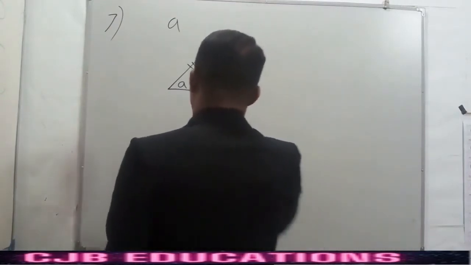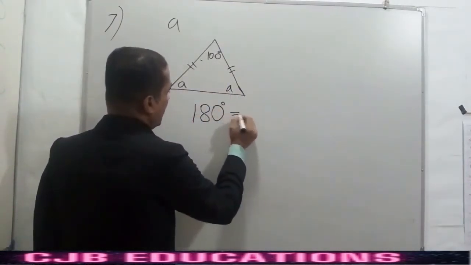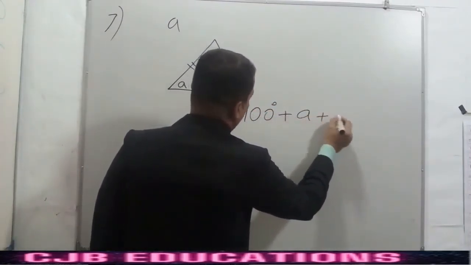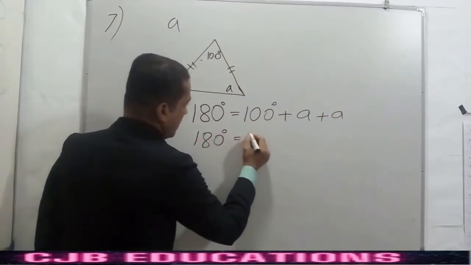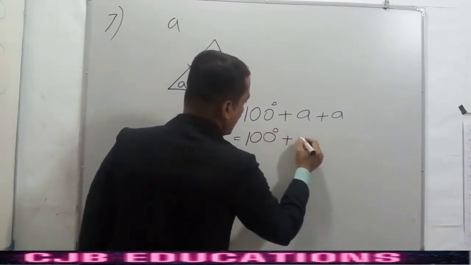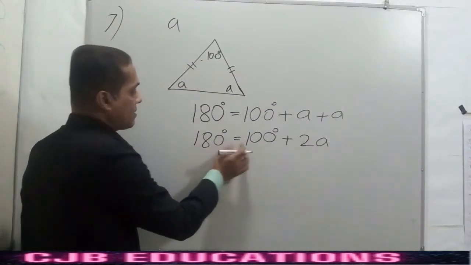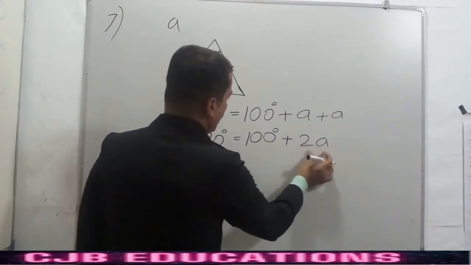Then we can write: 180 degrees equal to 100 degrees plus A plus A. Now we can write 2A: 180 degrees equal to 100 degrees plus 2A.